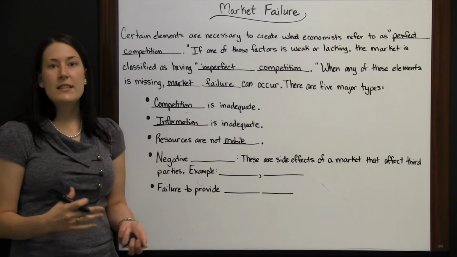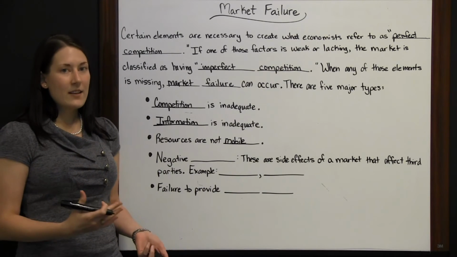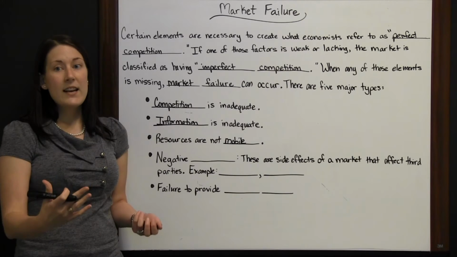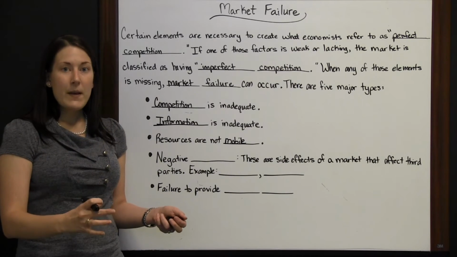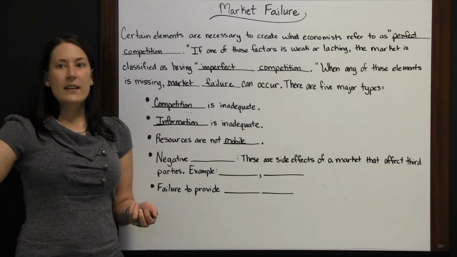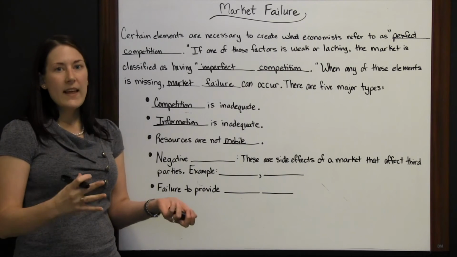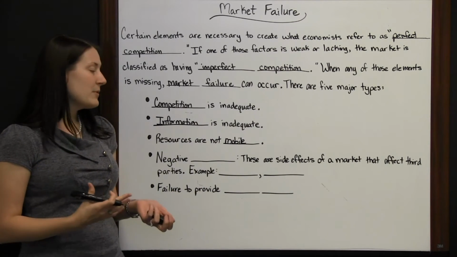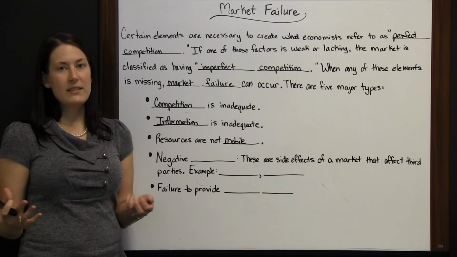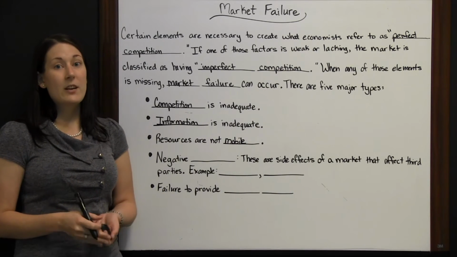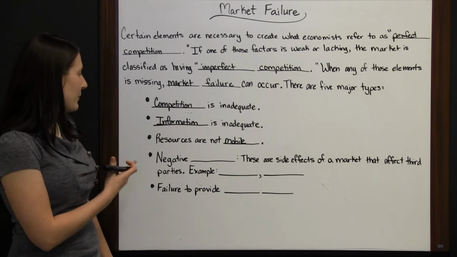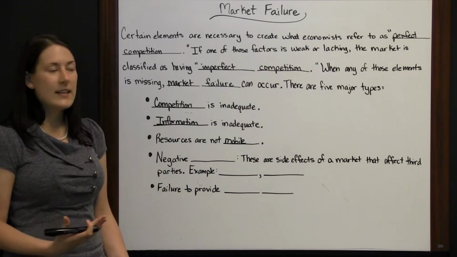If you've got resources that you can't really move around, it's not so good. If you're trying to sell real estate, it's got to stay in that one space. You can't move land to a different place, and a lot of times you can't move a whole house to different places. Some houses you can, but it's going to be a lot more expensive. So resources that are not mobile can lead to market failure.